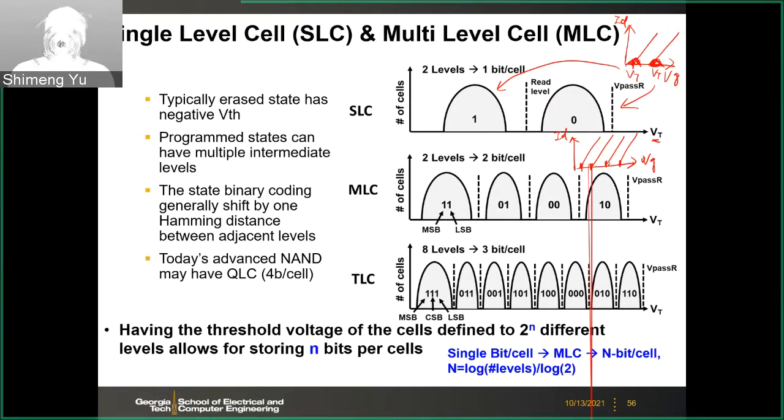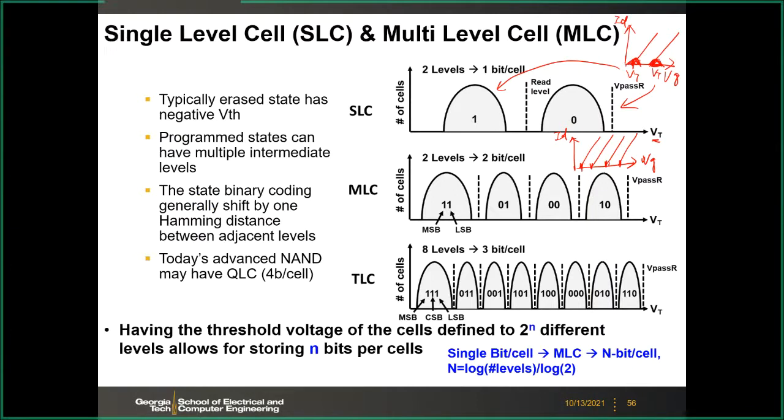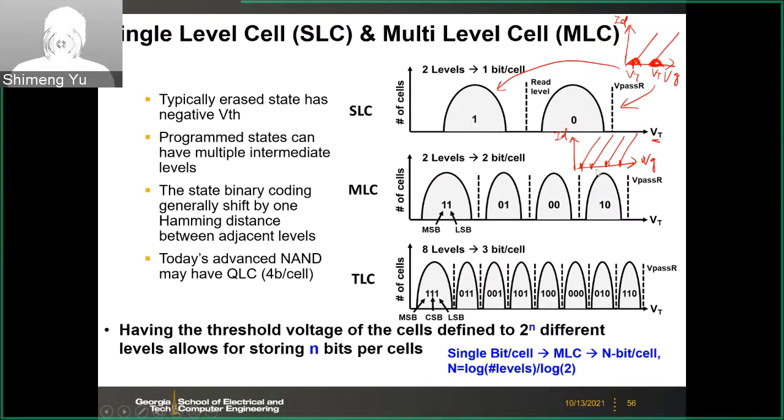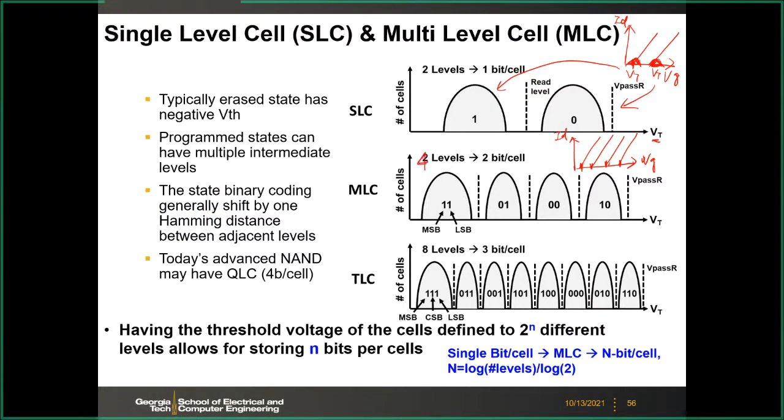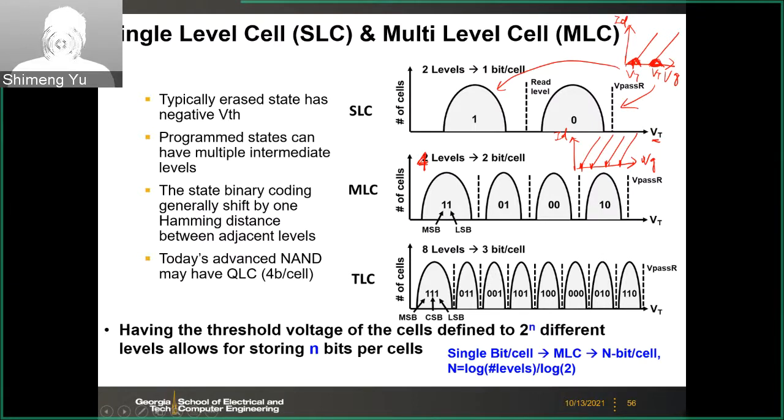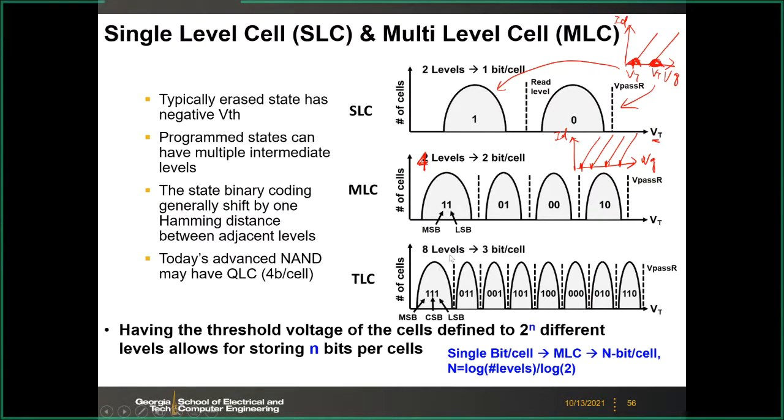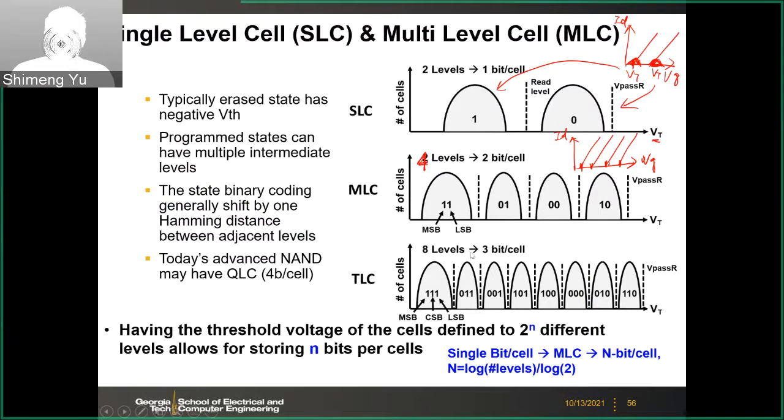For example, if you manage to have 4 levels, and each will have some distribution around the mean value. If you have 4 states, then you can call this multi-level cell. Actually, there's a typo, 4 levels. This is 2 bit per cell. And if you have 8 levels of the VTH, then you can encode 3-bit information.